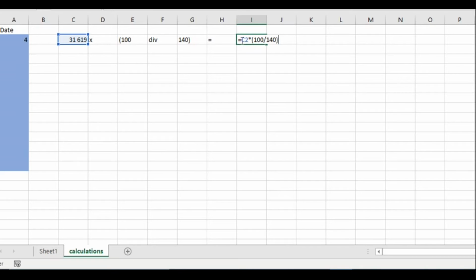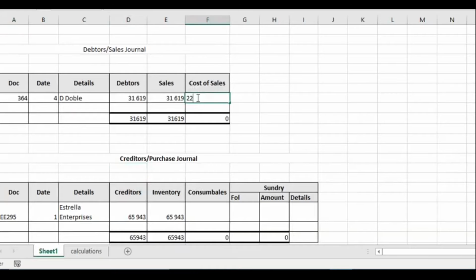The C2 basically represents whatever value is in this block here. So our cost price is 22,585. There we go. Then we're done with day 4.